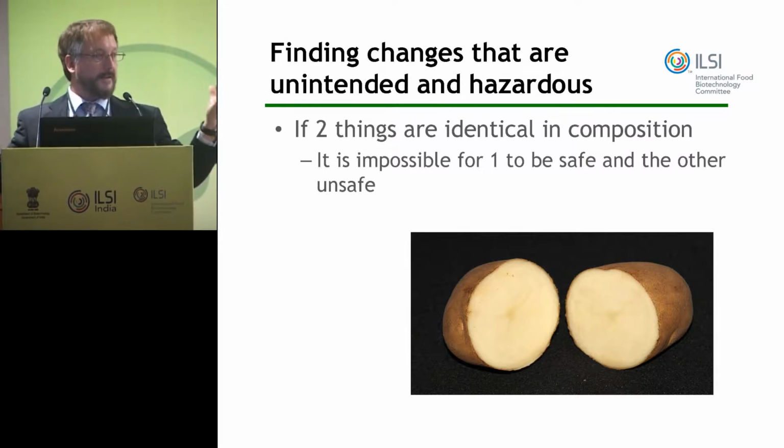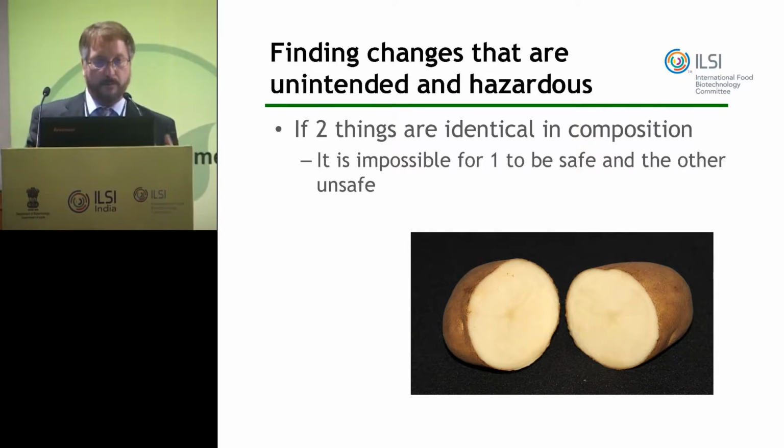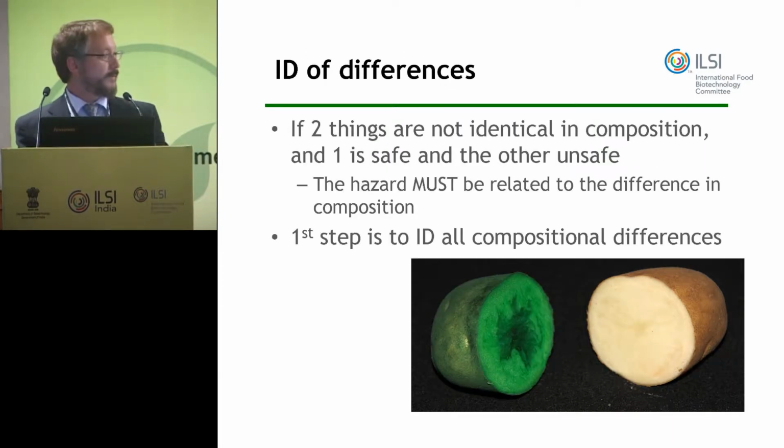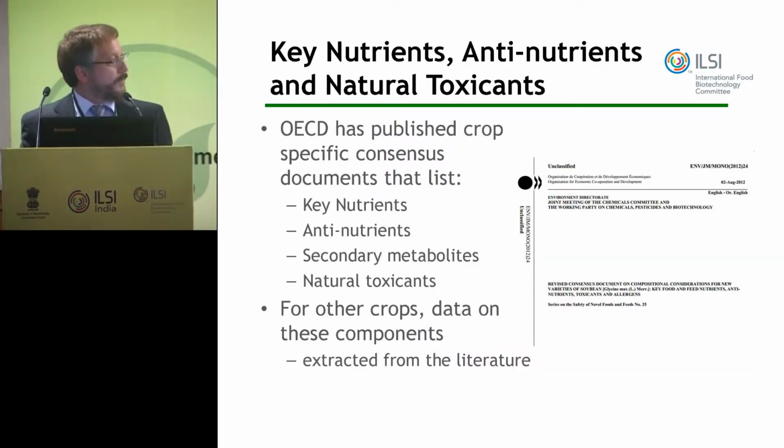If we have two things that are identical to each other as the two halves of this potato, it is impossible for one to be safe and for the other one to be unsafe. But if we modify one, and then you say there's a risk associated with the modified one, that risk has to be coming from the difference. It cannot come from anything that was there before. So we start then by analyzing the composition to see what are the changes in composition that might cause a problem or indicate a problem is present.